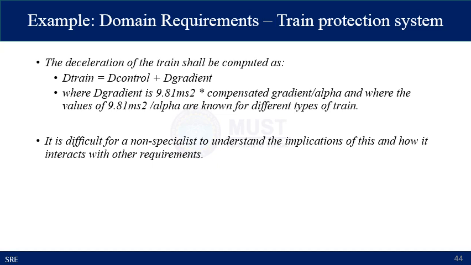So here is an appropriate example of domain requirements for a train protection system. The requirement states that the deceleration of the train shall be computed as D train equals D control plus D gradient, where D gradient is 9.81 meters per second squared multiplied by compensated gradient divided by alpha, and where the values of 9.81 meters per second squared divided by alpha are known for different types of trains.